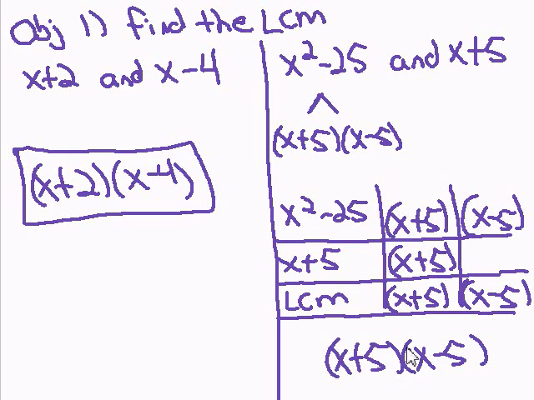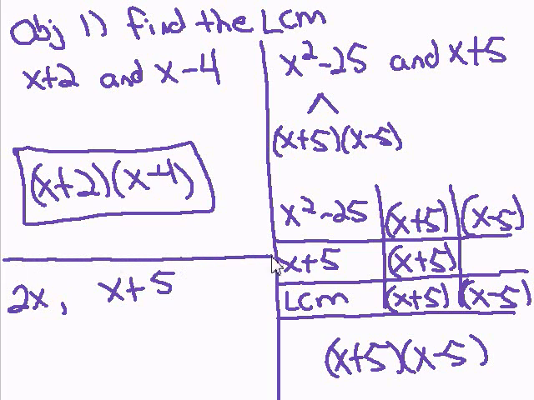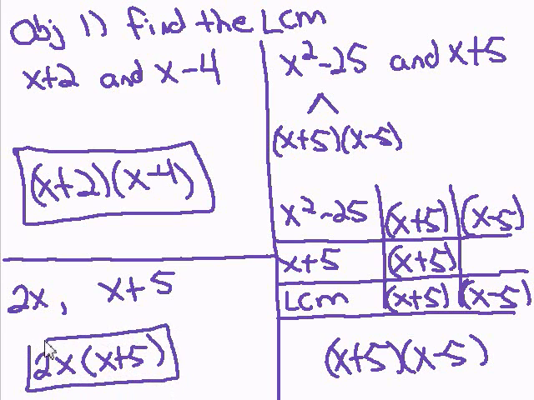Right now, I've got one last example, and that example is 2x and x plus 5. Okay, the factors of 2x were 2 and x, and the factors of x plus 5 were x plus 5. So the LCM is 2x and x plus 5. That's the LCM.